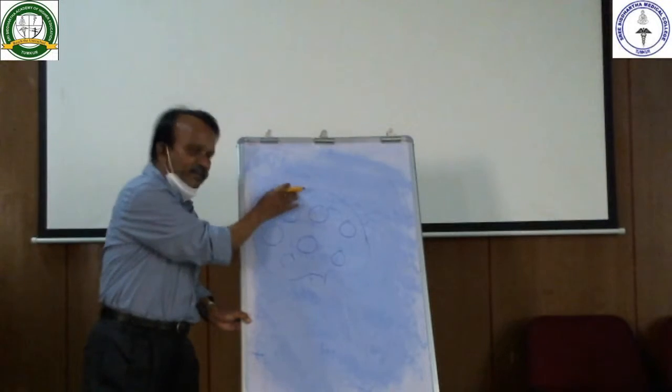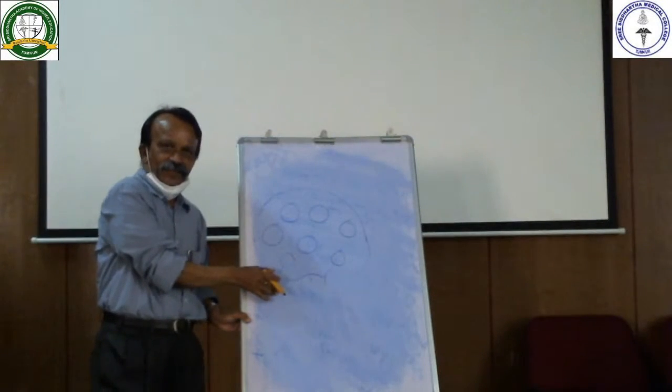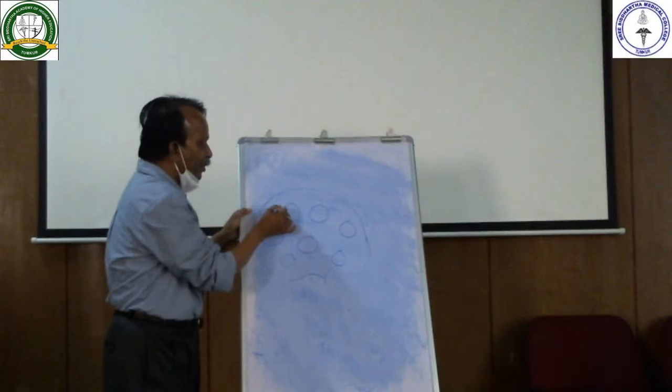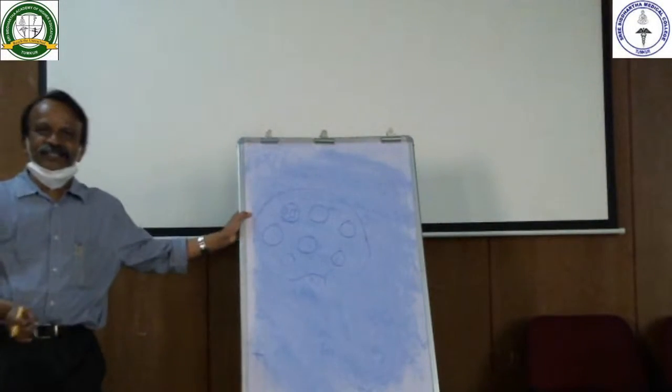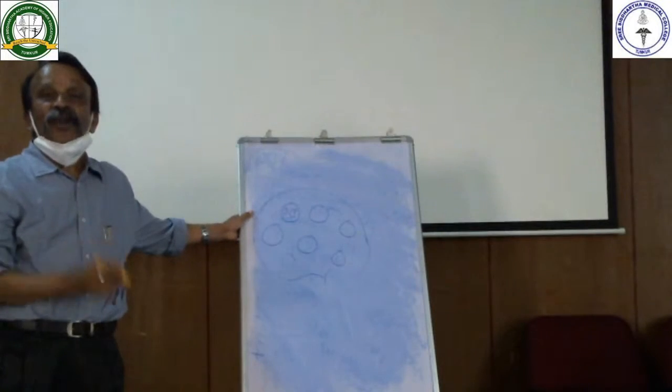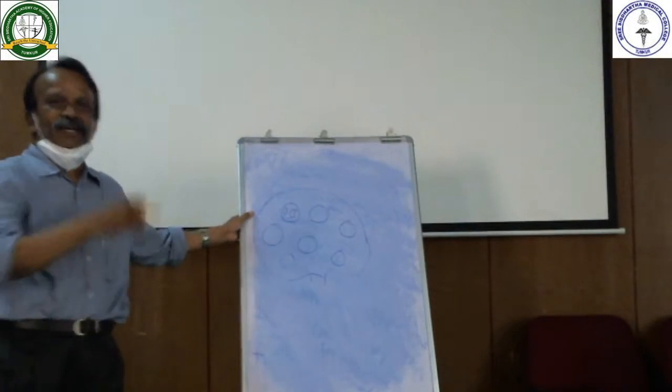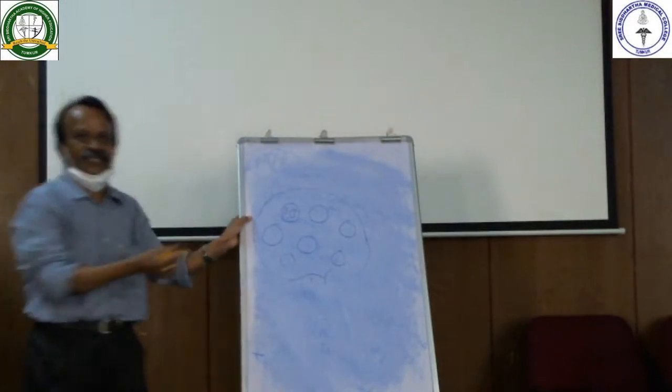So they are present both in the cortex and in the medulla, and they show two types of cells: centroblasts and centrocytes, that is the non-cleaved cells and the cleaved cells. Cleaved and non-cleaved cells are seen.